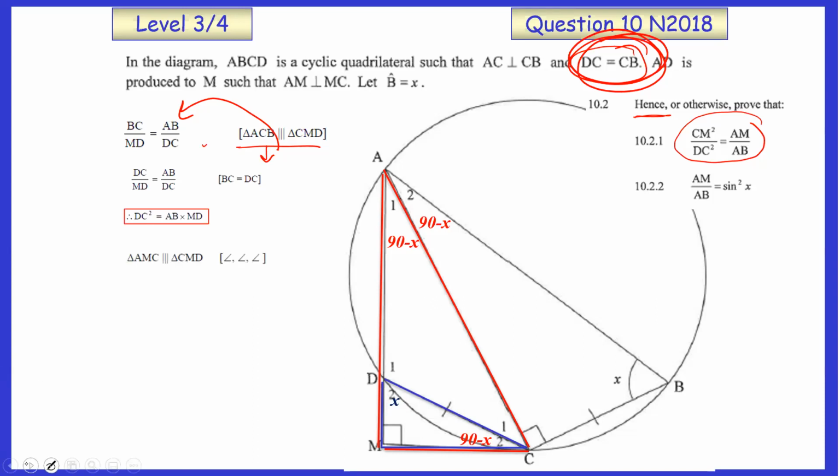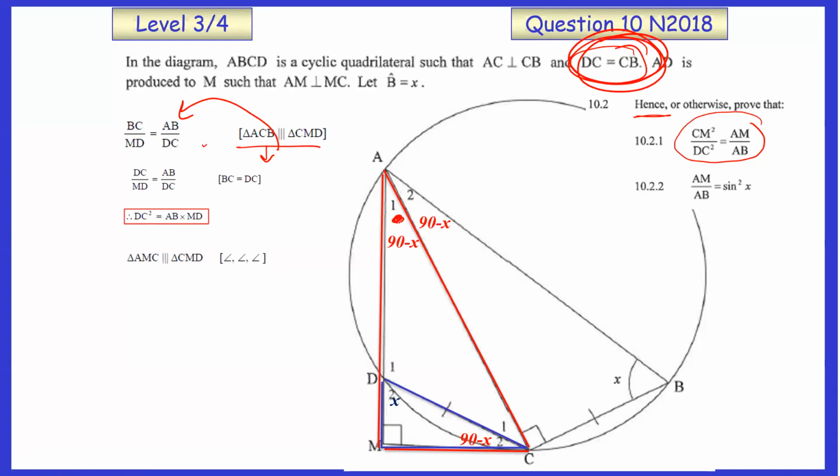So, if we look at triangle AMC and we look at triangle MCD, would you agree that those two triangles are similar? Yes, sir. AMC is similar to CMD, and I can prove it to you. A1 is common, agreed?